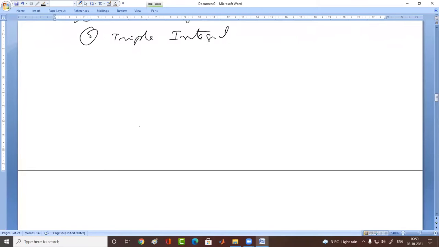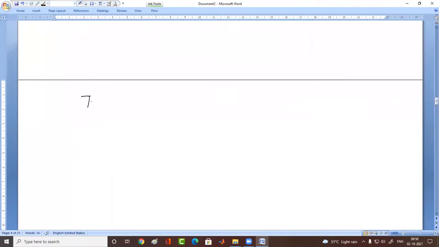What is a triple integral? In our syllabus, it is a very simple concept. If the limits are given, directly find the integration. Suppose x equals a to b.